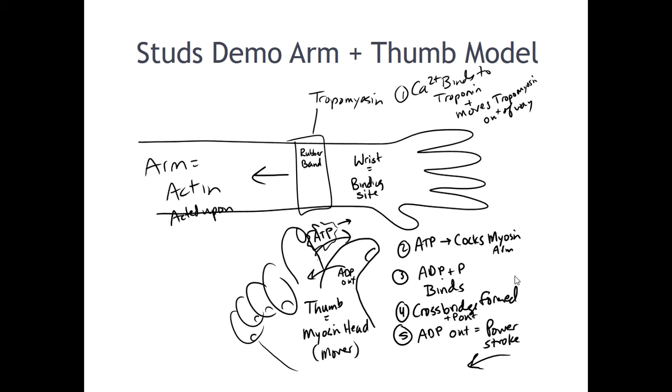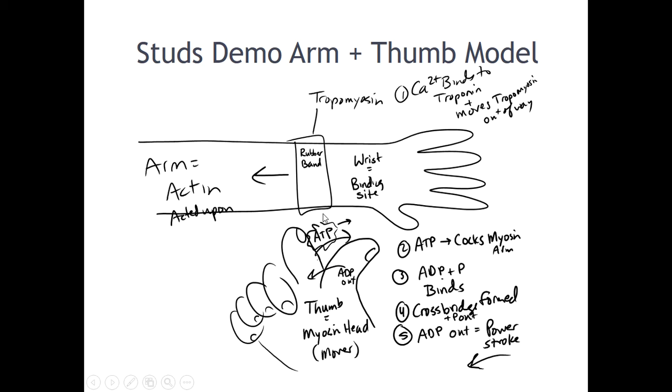If you put that rubber band on your arm, your arm is the actin. It is acted upon. The rubber band is tropomyosin. It's in the way, going right over your wrist, which is the myosin binding site. Your other hand's pointer finger is the calcium ion, and the thumb is the myosin motor protein.